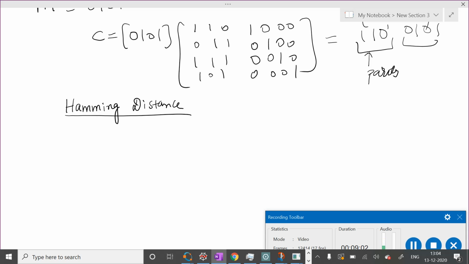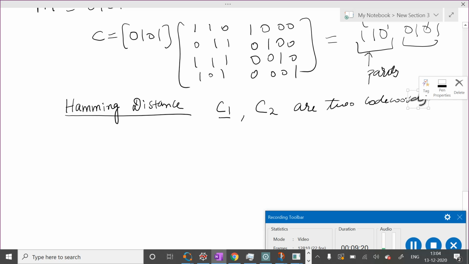What is Hamming distance? I will define it. Suppose you have two code words, C1 vector and C2 vector. Of course they have the same number of elements; they are both 1 cross n.